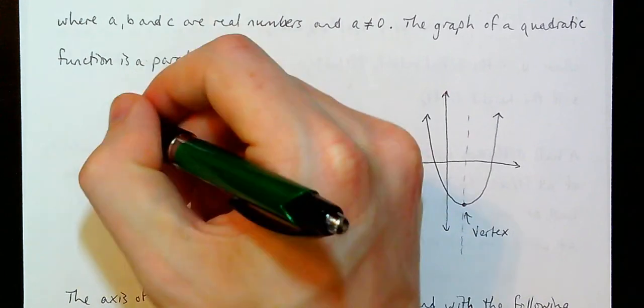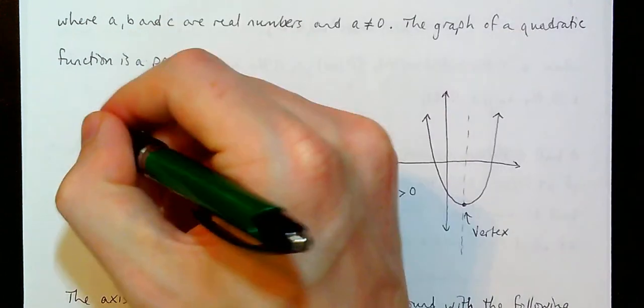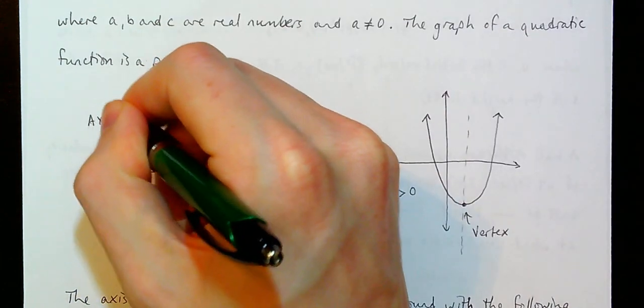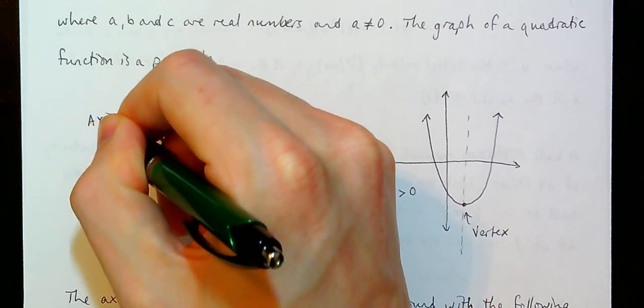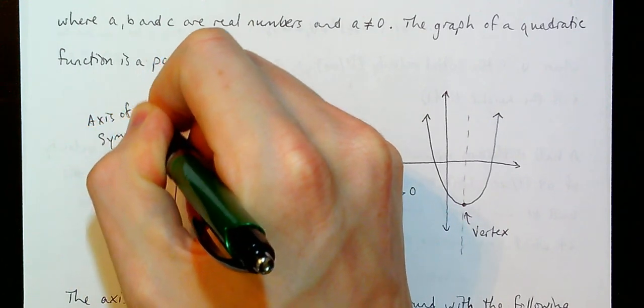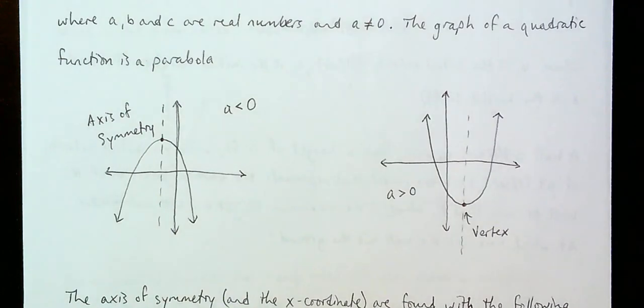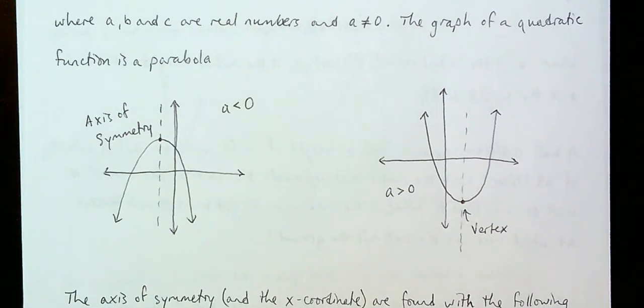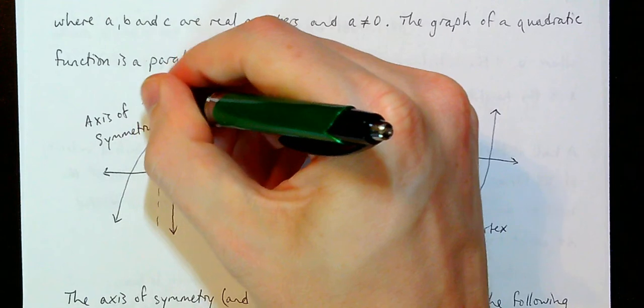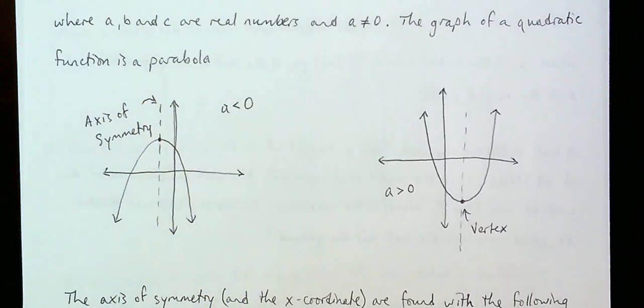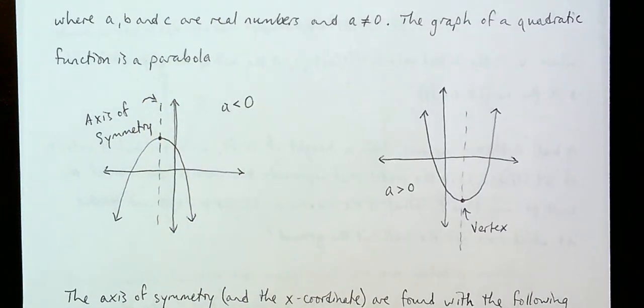What this vertical dashed line is called is the axis of symmetry. Draw the arrow to that vertical dashed line there. It's the axis of symmetry, that is.